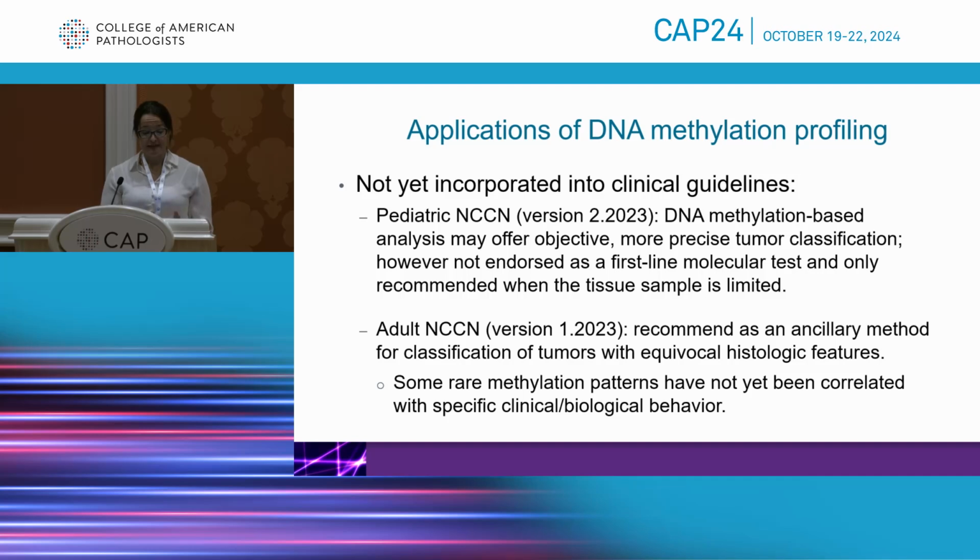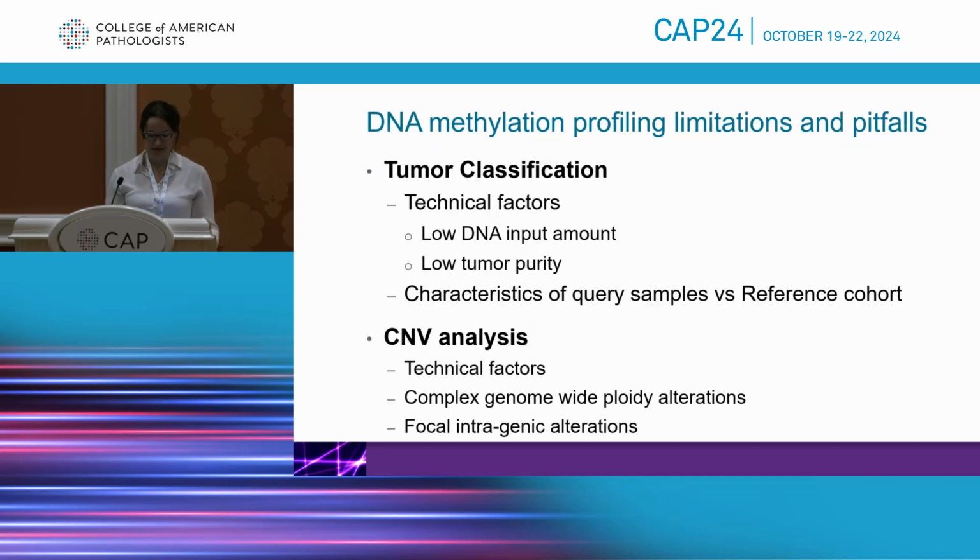And for the adult NCCN, they consider that to be an auxiliary method for classification of tumors. And this is because methylation has allowed us to have so much substratification of tumors at such a granular level that there isn't yet enough clinical correlation with all that complexity that's coming out there.